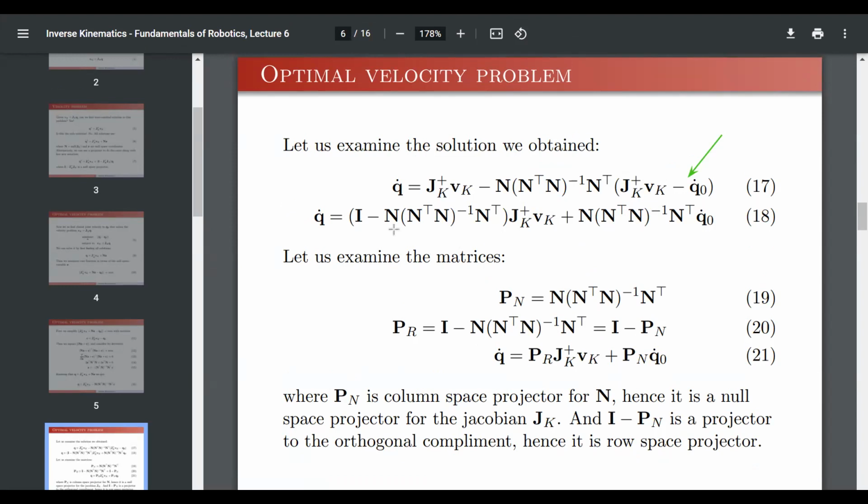I'll open the brackets, and we would get here identity, here this guy. All of it will be in front of J pseudo-inverse V. And here we'll have again this guy in front of Q0. So what we have here is what is in front of Q0. What we have here is what is in front of J pseudo-inverse V.